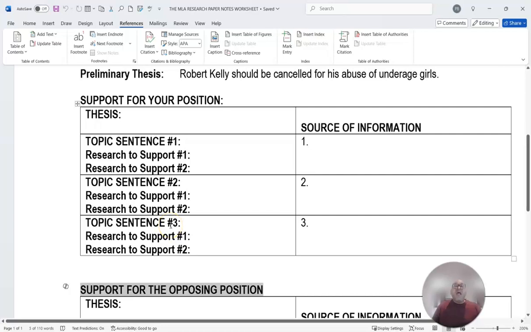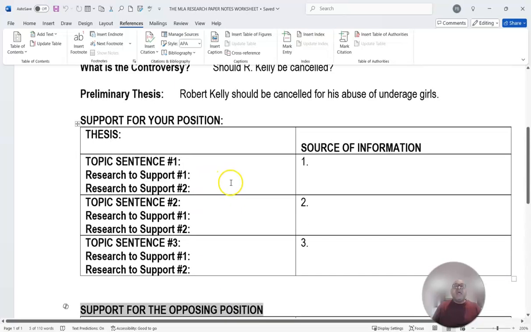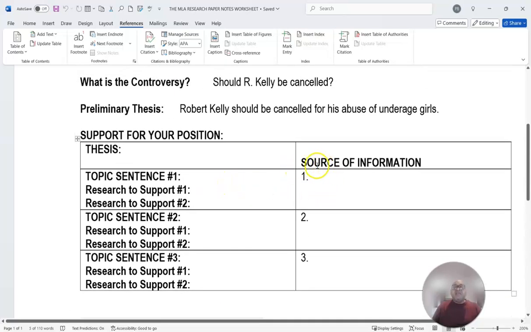You are required to find two pieces of research to support your topic sentences. The same thing for your opposing position, except you only need one piece of research to help you support the opposing view. On the right hand side, you'll see the source of the information. You are going to lift this information directly from your working bibliography.